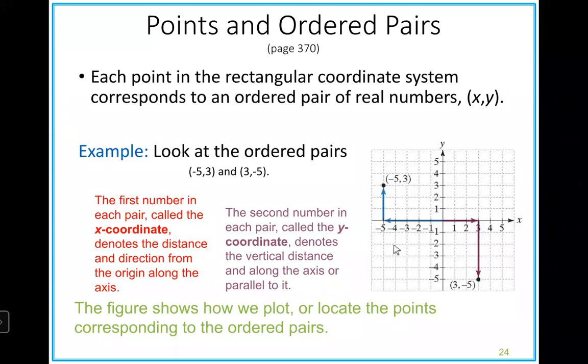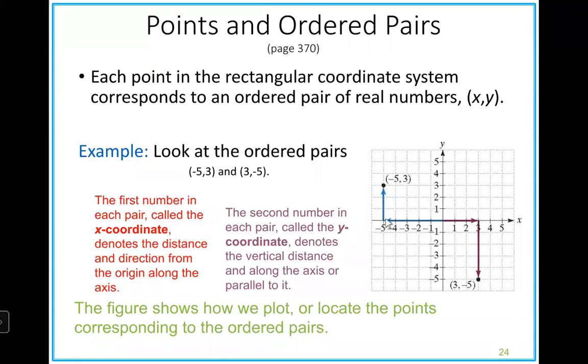Okay, so on this graph here, we have 2 points that are plotted. This first point says -5, 3. Because the first one is for the x, you're going to go on the x-axis, look for -5, and then on the y, you're going to look for 3, which means you're going to have to move up because positive numbers are up from the x-axis.